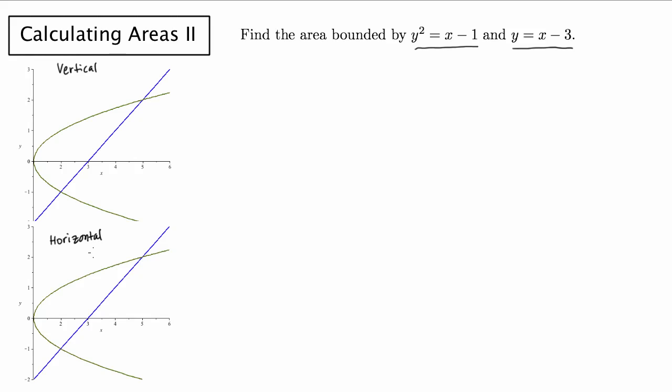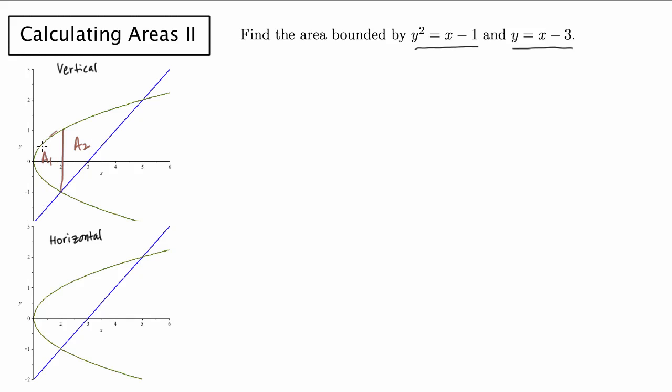In the case of the vertical integration problem, I have to decompose this area into two regions. I need area 1 and I need an area 2. Now, my reason for that is very simple. If I'm inside area 1, then the top function and the bottom function are consistent throughout.